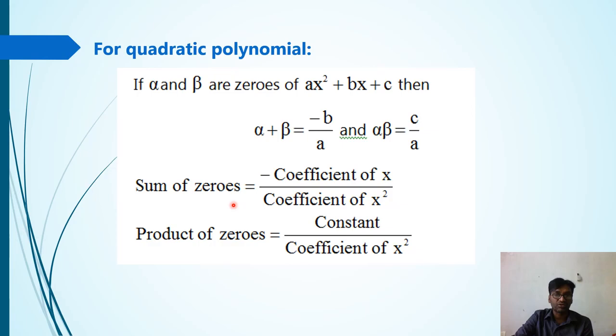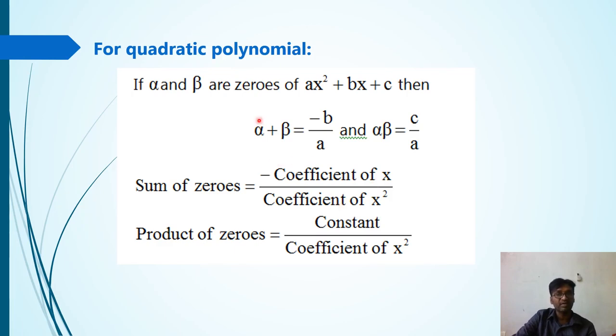Sum of zeros is equal to minus of coefficient of x by coefficient of x square. Product of zeros is equal to constant by coefficient of x square. These are the two relations which give the relationship between zeros and coefficients of a quadratic polynomial.